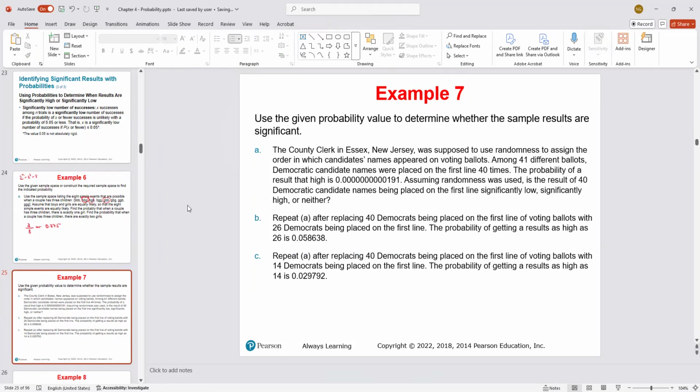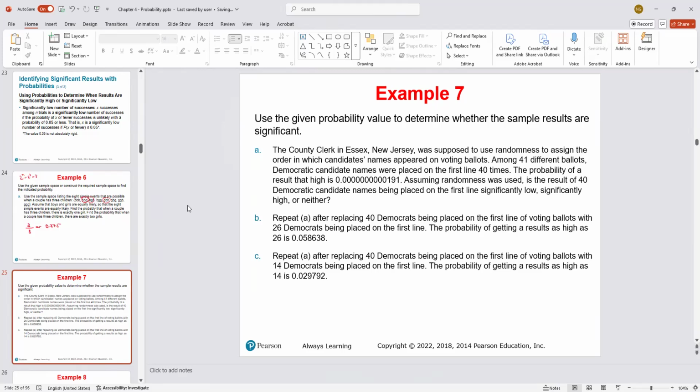We said the county clerk in Essex, New Jersey, was supposed to use randomness to assign the order in which candidates' names appear on voting ballots. Among 41 different ballots, Democratic candidate names were placed on the first line 40 times.